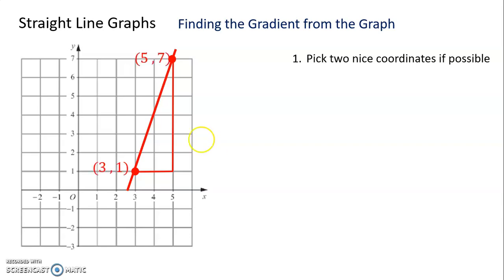And the 2 coordinates I picked were the point (3, 1) and the point (5, 7). What I'm going to work out is the rise, which is the amount it's gone up between those 2 points, so the amount it's gone up on the y-axis. To do that, I'm going to look at the difference between the 2 y coordinates. So 7 subtract 1, the difference, gives me 6. So I know that between these 2 points, I've gone up 6. I've got a rise of 6. And then I'm also going to look at the run, and that's the amount I've gone along the x-axis.